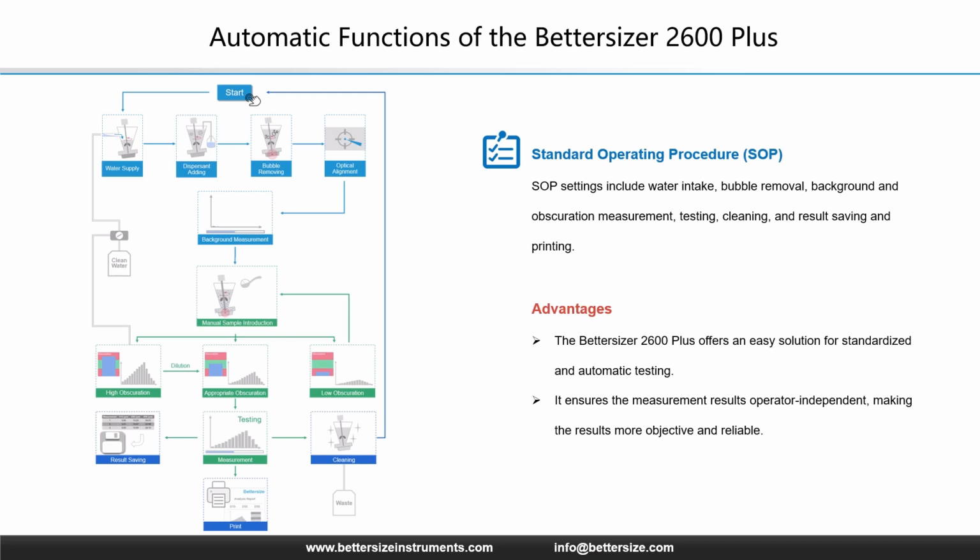If the concentration is too high, it triggers auto-dilution. If too low, it prompts for addition. The cycle concludes with auto-cleaning, ensuring the cell is pristine for the next run. This closed-loop automation guarantees that your results are determined by the physics of the material, not the technique of the user.